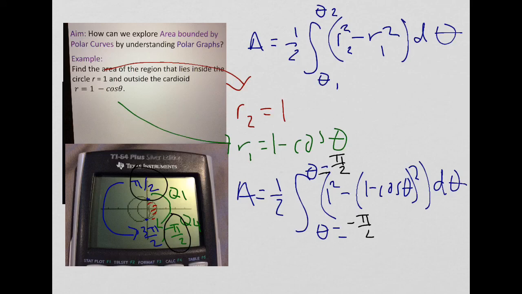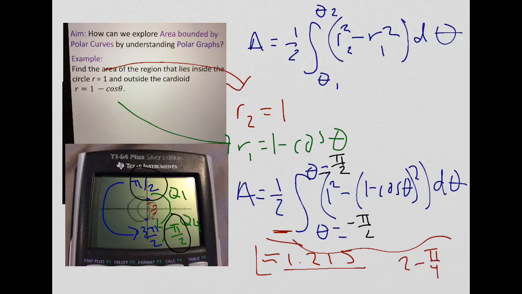For this part right here, you get 2.429203673. Don't forget to multiply it by 1/2, or you can just keep that 1/2 inside the integral. That way you can put the whole thing in. You get approximately 1.215. And I'm saying that the exact answer would be 2 minus pi over 4.